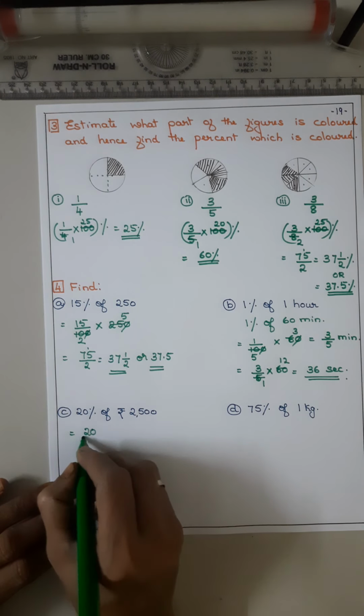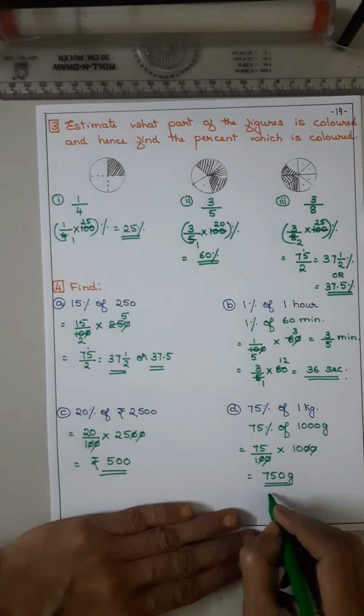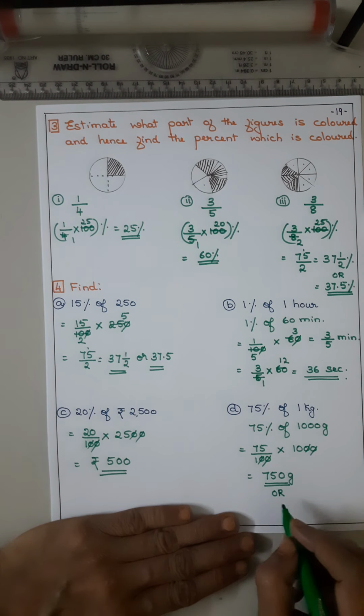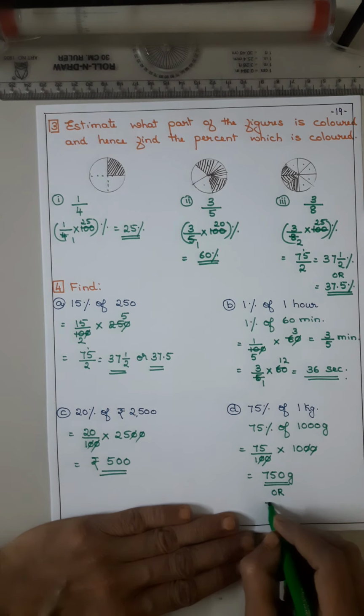So 20 cut, 20 cut, you get 75 into 10, 750 gram. Or if you have to tell in kg, it is 750 upon 1000.